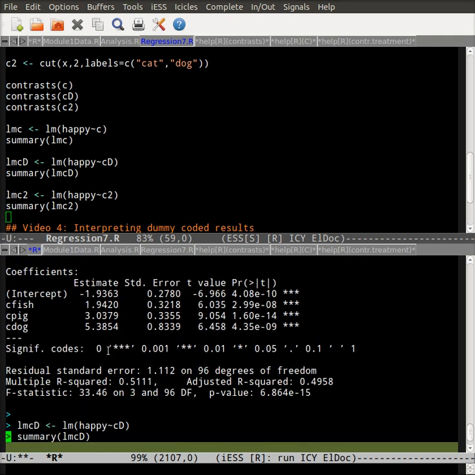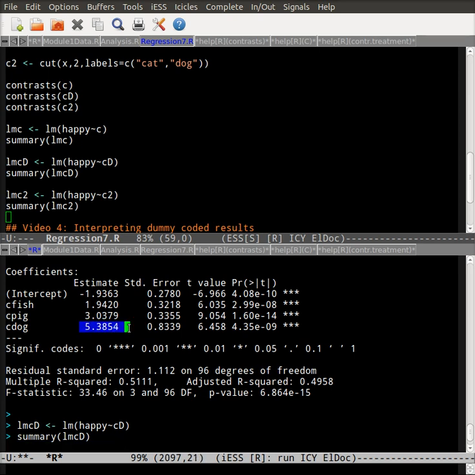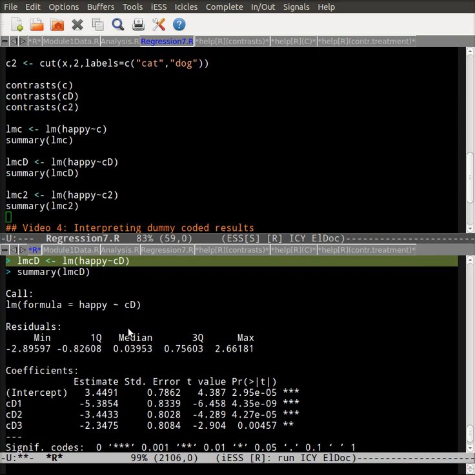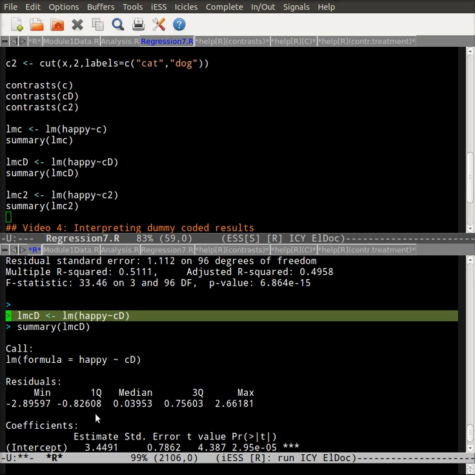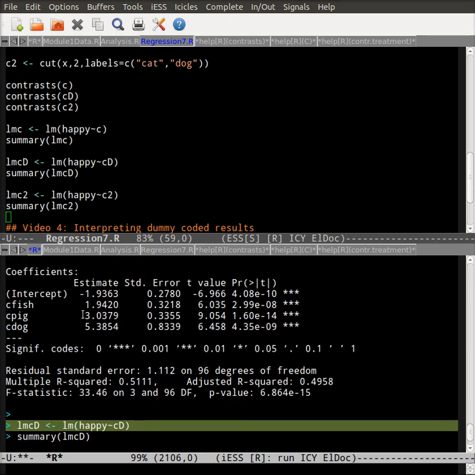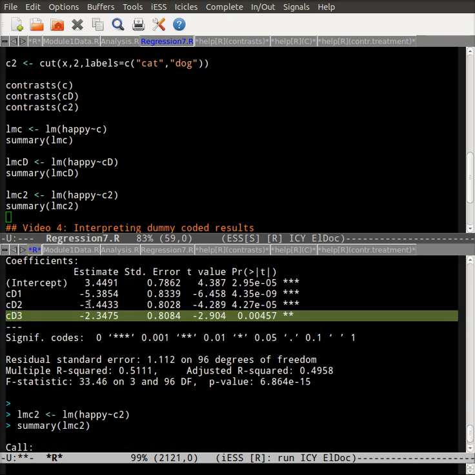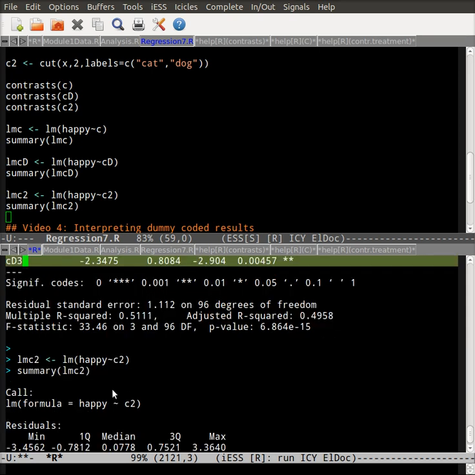Notice that it's very similar to 5.4, but in the opposite direction. Then it's 3.4. Well, we didn't get a 3.4 before because we didn't make that comparison. And then it's 2.3. Again, this is now pig versus dog. We never made that comparison. So all of these are just comparisons.